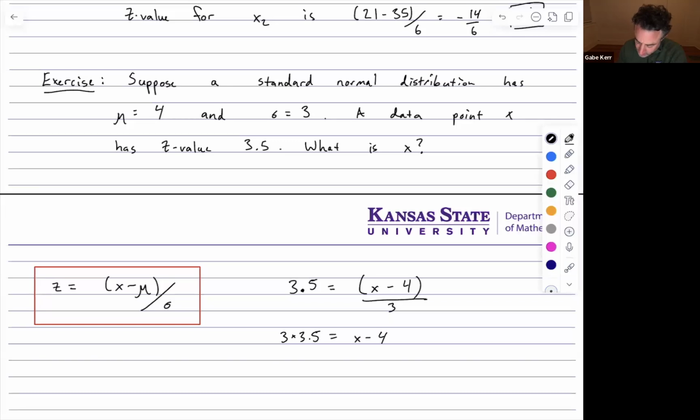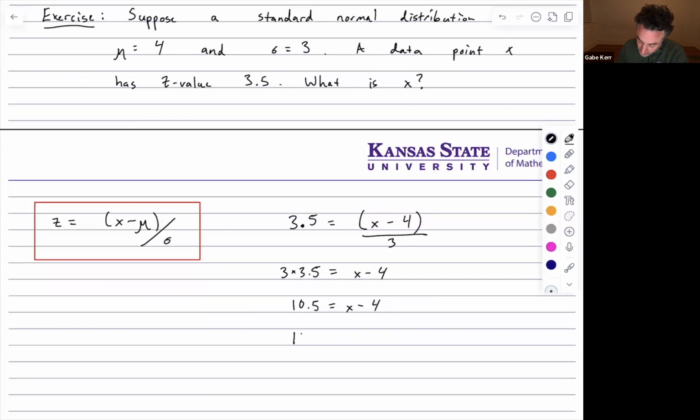I just multiplied each side of the equation by 3, canceling the 3 on the right-hand side. Multiplying out, I get 10.5 on the left. I still have x minus 4 on the right. Again, I want to get like terms, so I'm going to add 4 to both sides to get rid of that number. And I get 14.5 equals x.